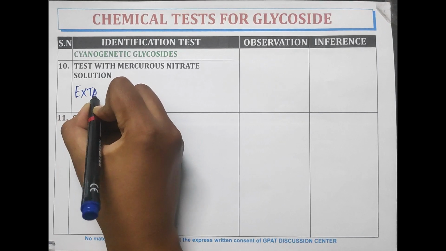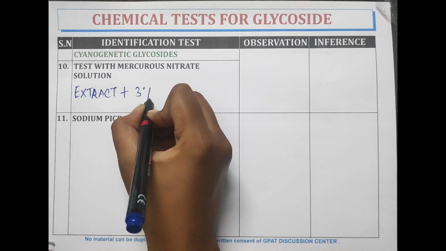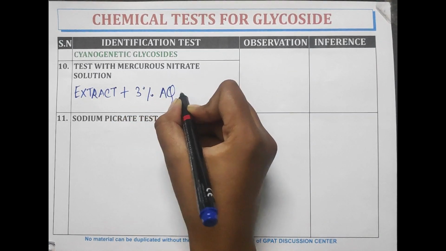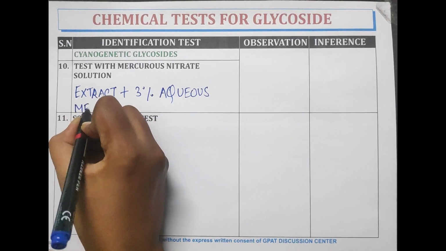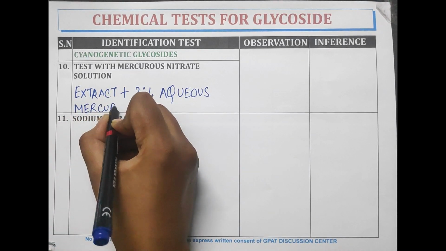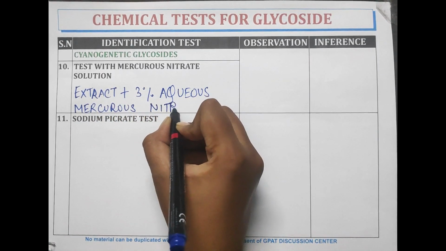Extract of the solution which has to be identified is taken and 3% aqueous mercurous nitrate solution is added.